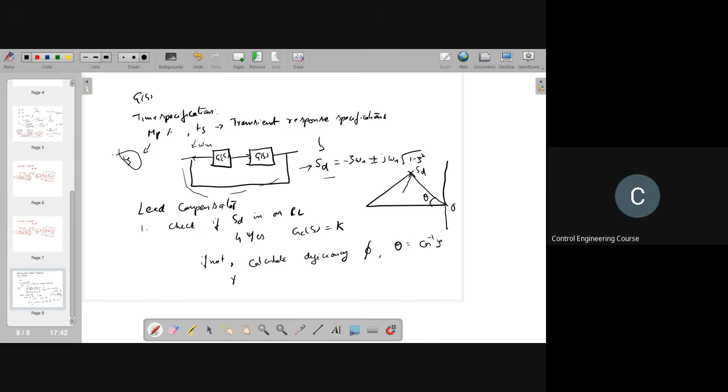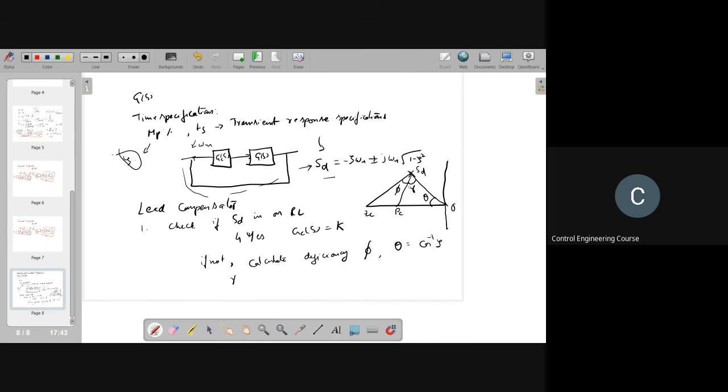Then this is your Zc and Pc. I think this is Pc and this is Zc. So you calculate first gamma. This is gamma. Then this is your phi, the angle deficiency that should be provided by this zero and pole.